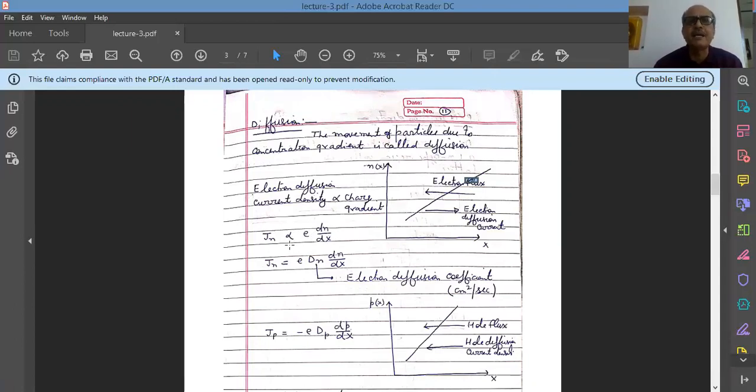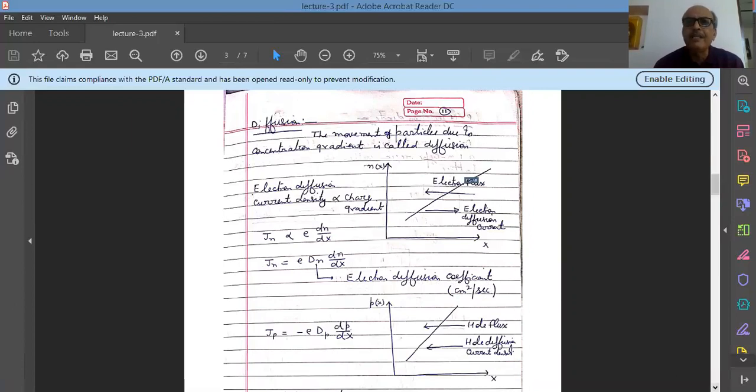If we remove this proportionality, we have to introduce a constant, and this D_n is the electron diffusion coefficient. If you work out, its unit is centimeter square per second. So J_n is now equal to e D_n dn over dx for this particular condition when the concentration is increasing along the positive x direction.